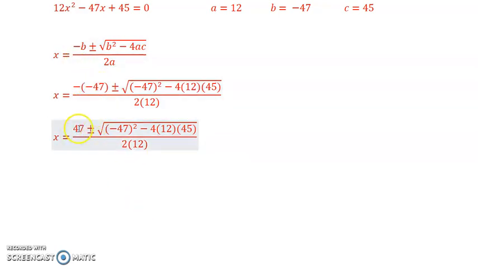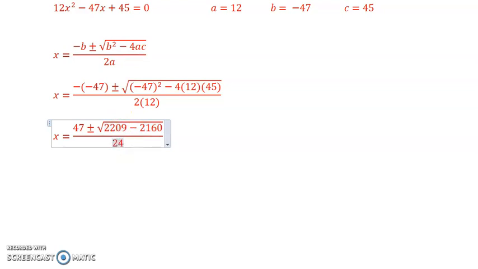The negative 47 is positive 47, negative 47 squared is 2209, and then negative 4 times 12 times 45 gives me negative 2160. And then the denominator is going to be 24.